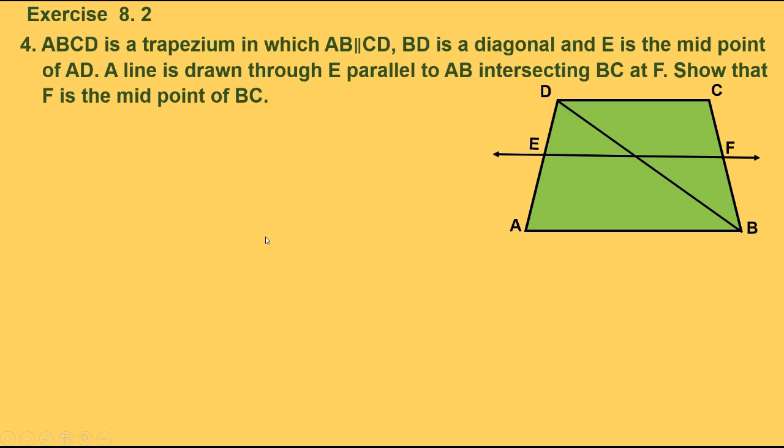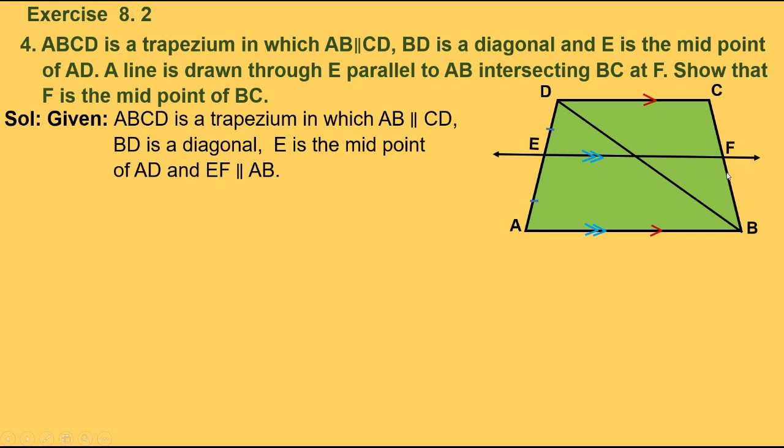This is the figure given to us. The solution: given ABCD is a trapezium in which AB is parallel to CD, BD is the diagonal, E is the midpoint of AD, and EF is parallel to AB. To show F is the midpoint of BC.